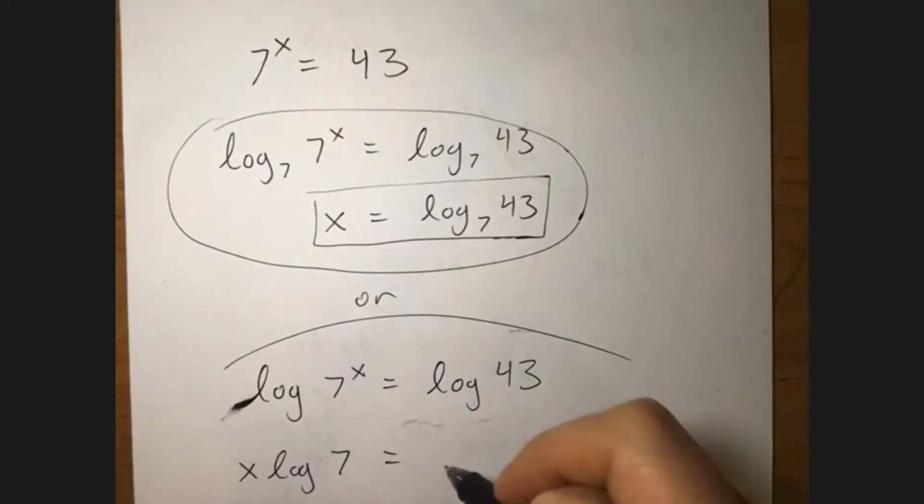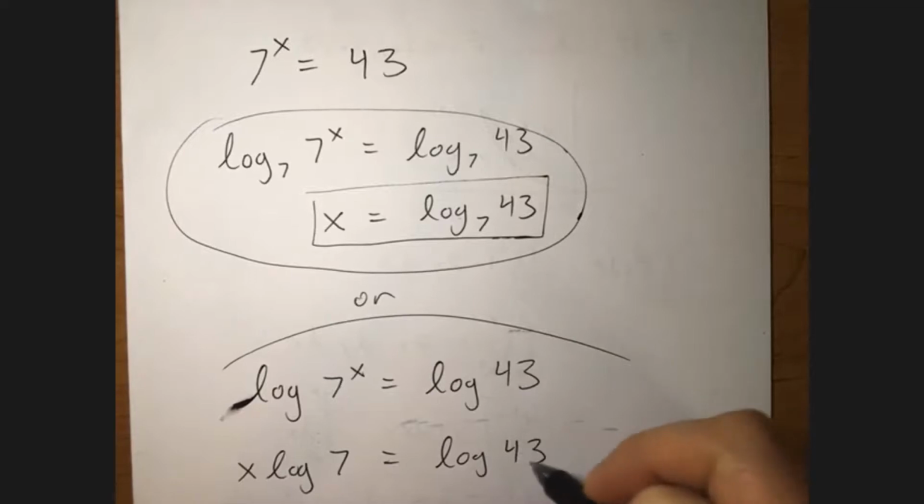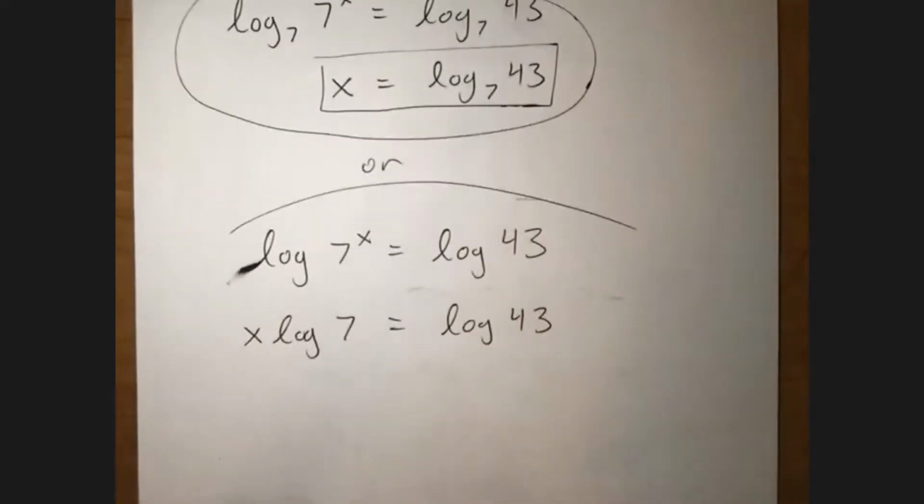So I can write it like this. x log 7 equals log 43. And now if I want to solve for x, I'll just divide both sides by log 7.